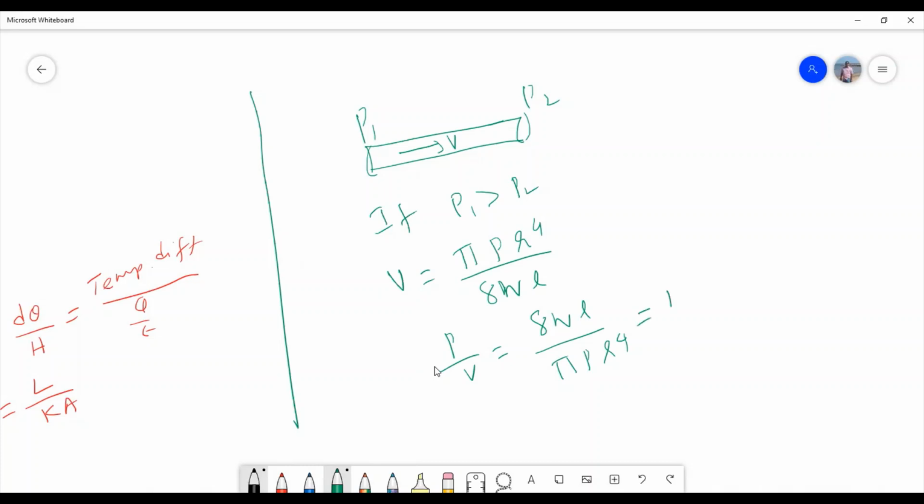So this we take as a resistance. Therefore, fluid resistance is 8ηL by πr⁴.